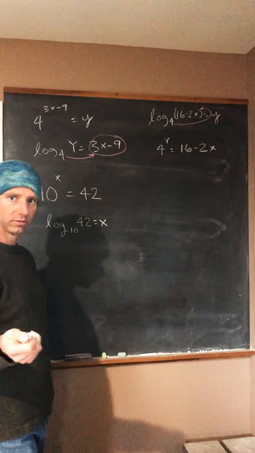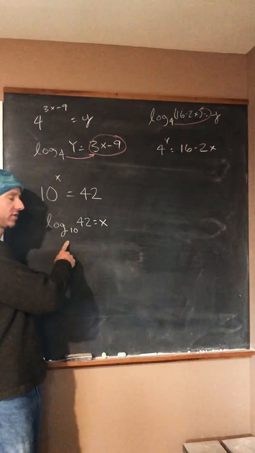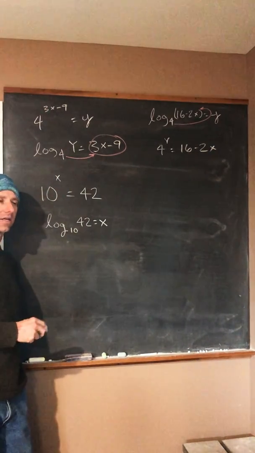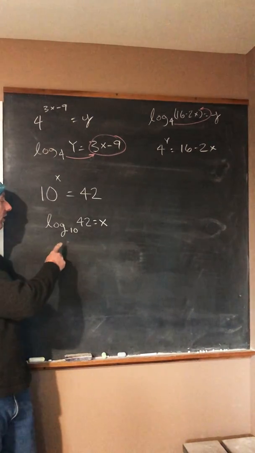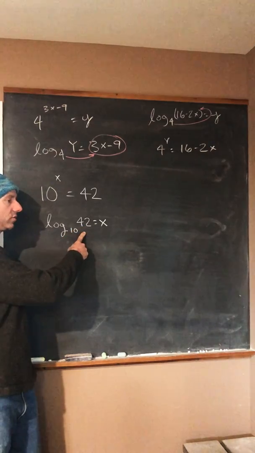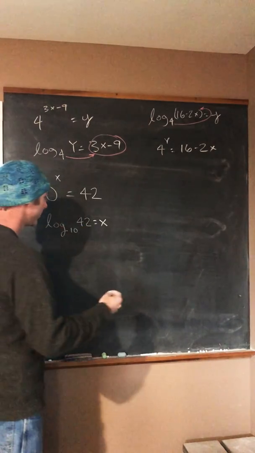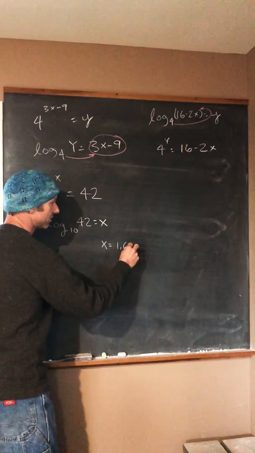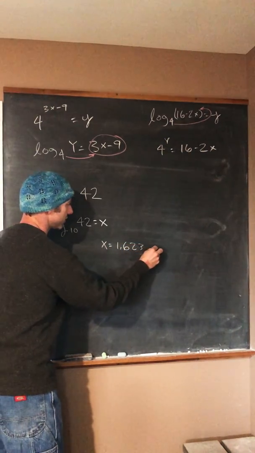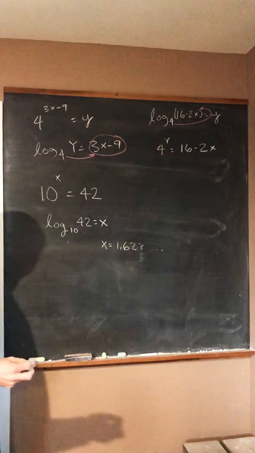Grab your calculator and try this. Now the calculator has a key that says log. It might say log base 10 or just log. Do log 42 equals, and you'll get something like x equals 1.623, and it just keeps going on and on and on. Okay?